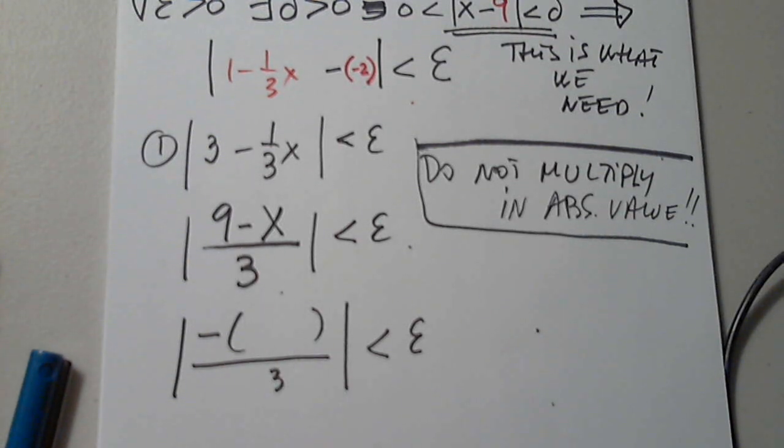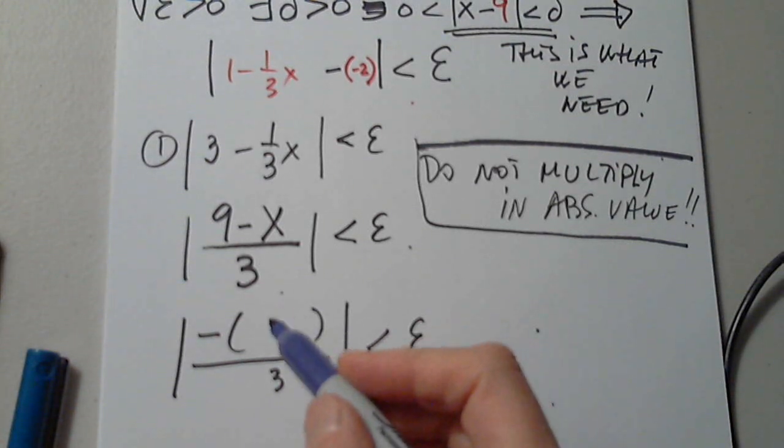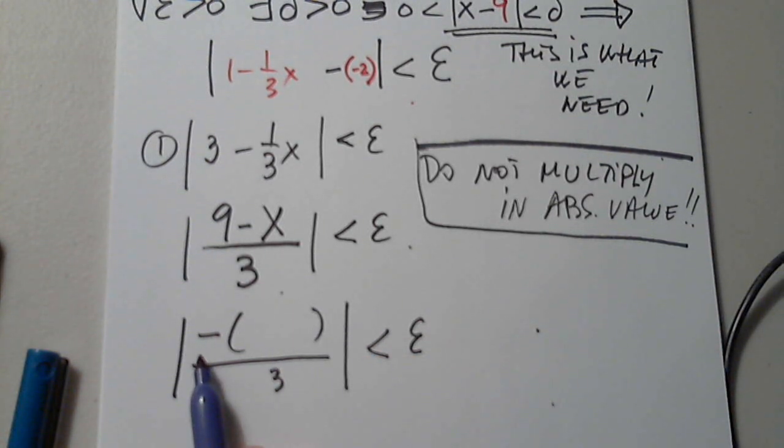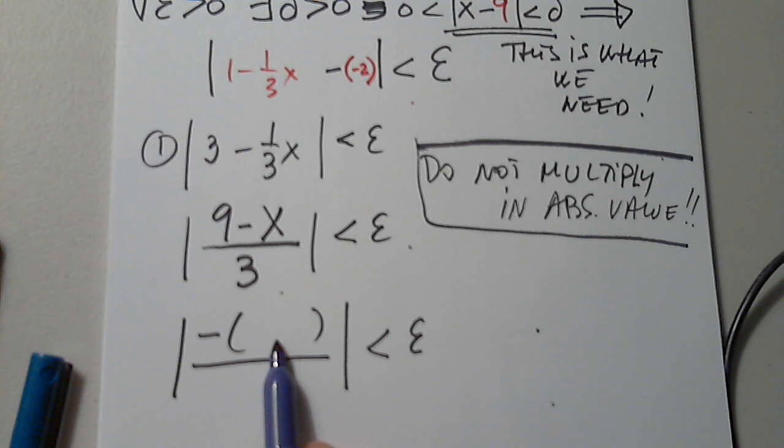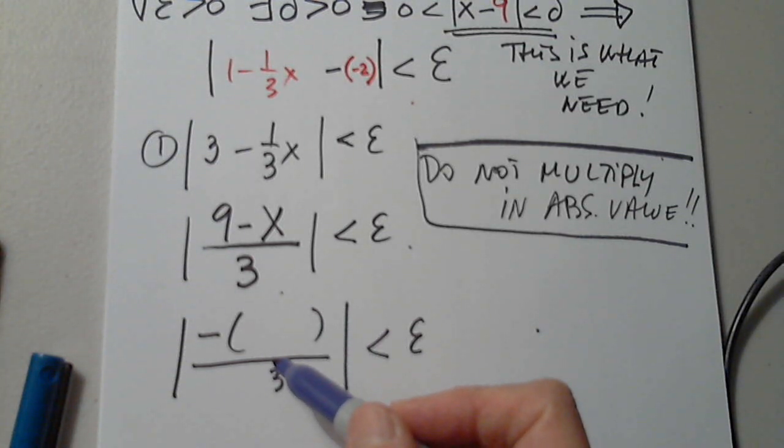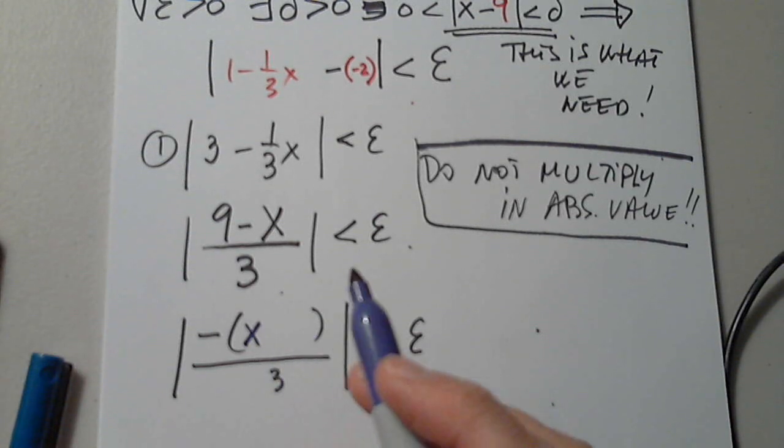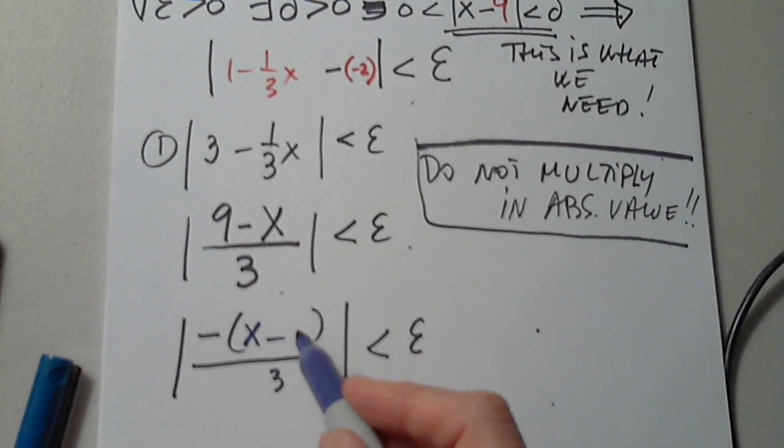What do we have in parentheses? 9 plus x. We factor out negative 1. What do we have in parentheses? Negative 9 plus x. Very good. You mean, yes, or x, sorry, minus x.